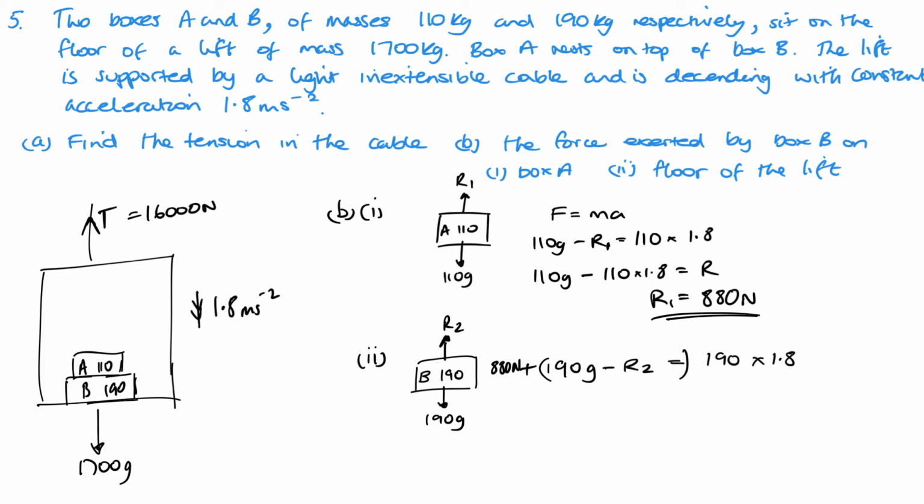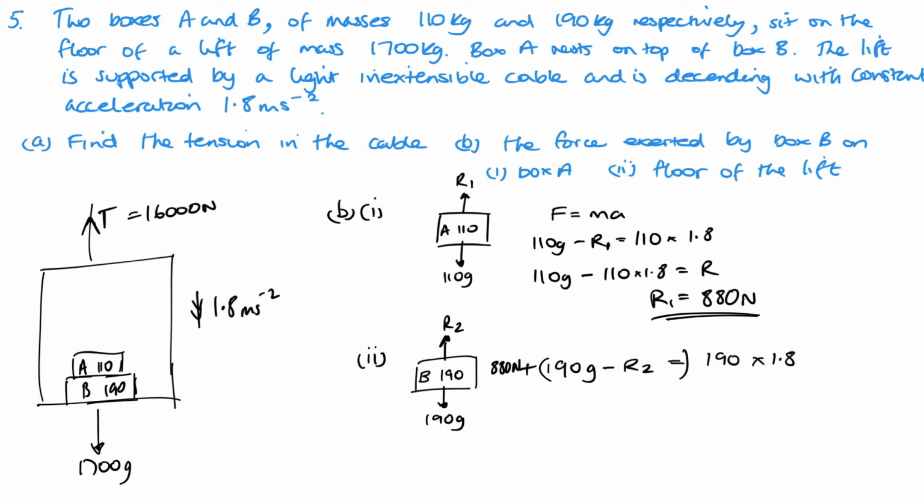So you've got the same as this, the box acting down, plus this one. Exactly the same way as we worked this one out, the reaction from this box down, but then we've also got this force from above as well.